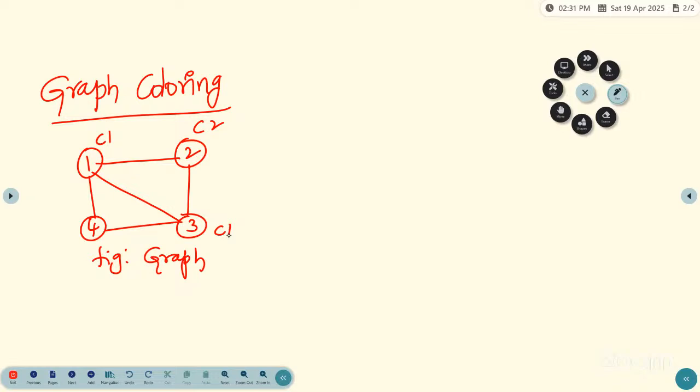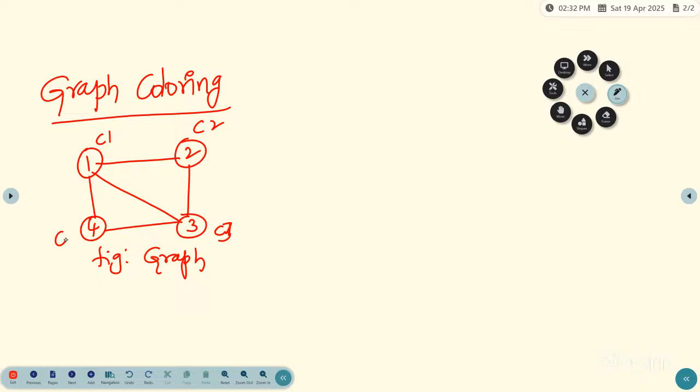1 is also connected. These we can say are side by side. Where there are connections, they are side by side. So C1 and C1 would be the same color side by side, and C2 as well would be the same color. So with C1, C2 is not possible, then use a new color C3. Then here C1 is not possible and C3 is also not possible, and you can use C4, but try to use the minimum number of colors.